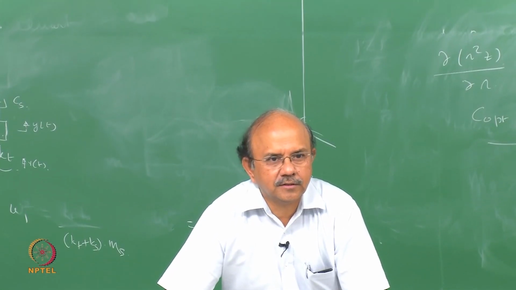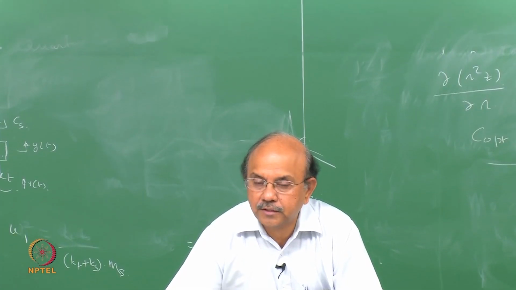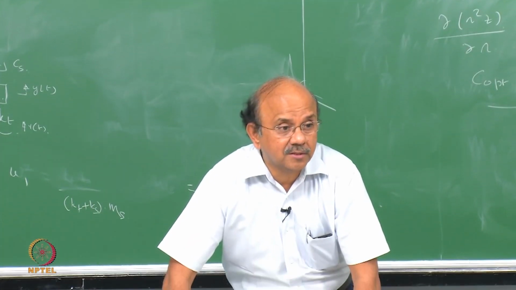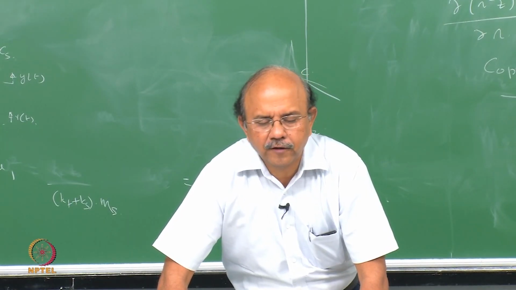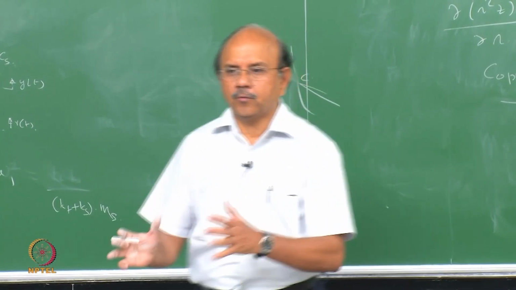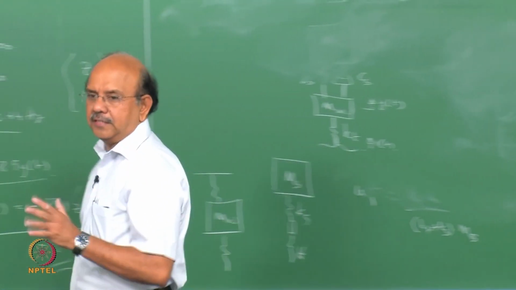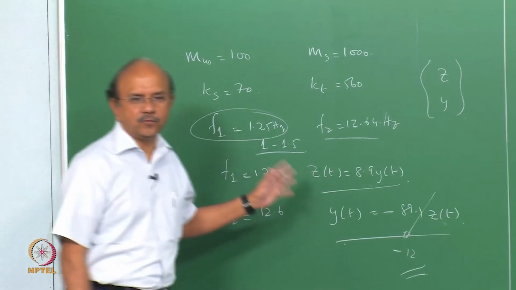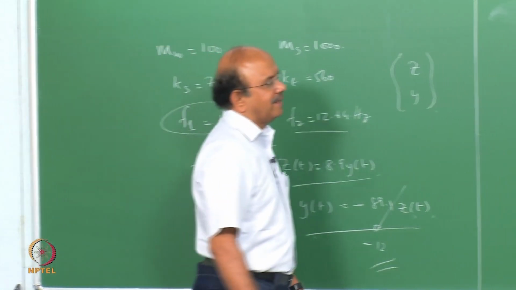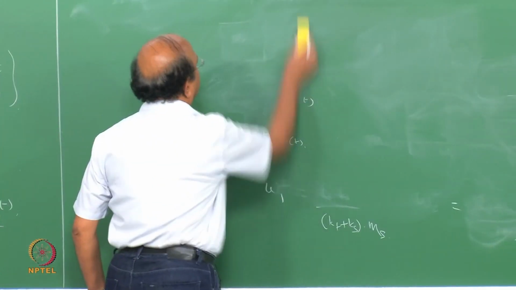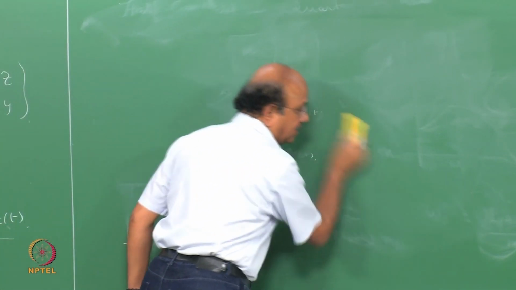And the wheel hop frequencies are between 11 to about 13.5, 14. This is the range in which we have got these frequencies. So these are two important frequencies: wheel hop and the body frequencies. We'll see this importance again in the next class.